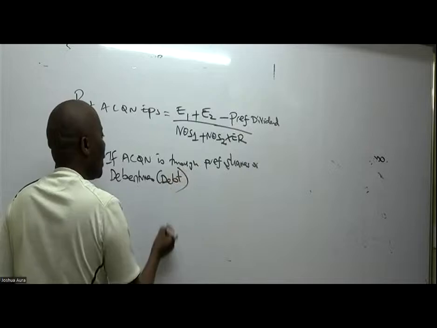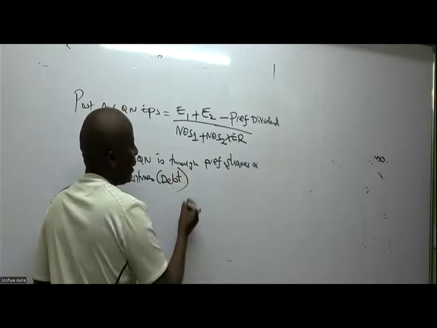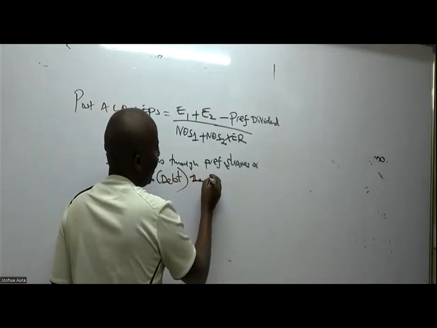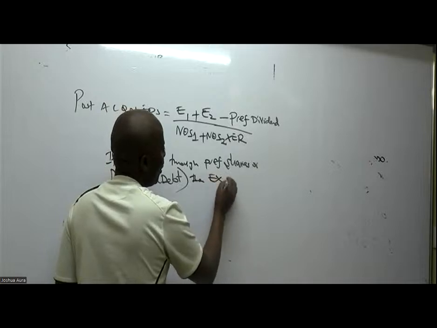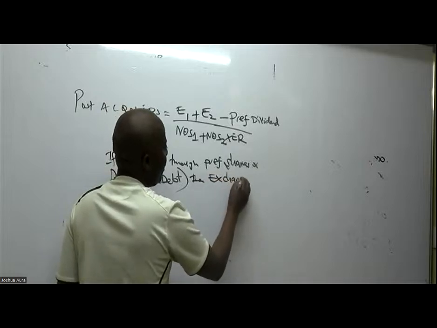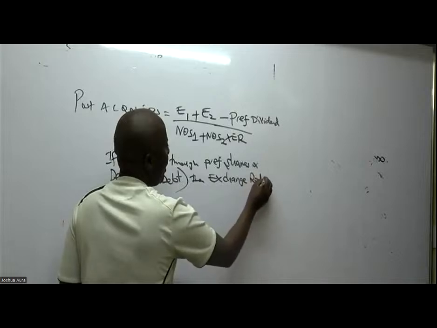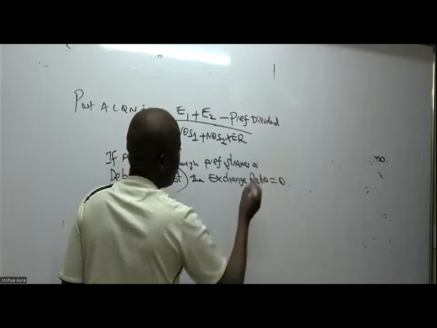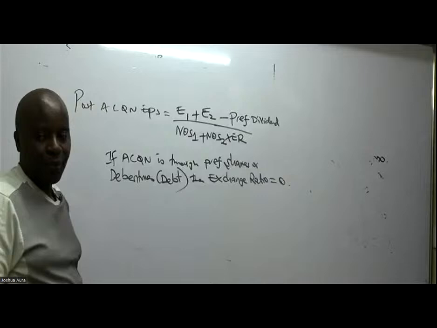Debentures is the same as what here? Debt. Debentures is the same as debt. Then the exchange ratio will be equal to 0 always.